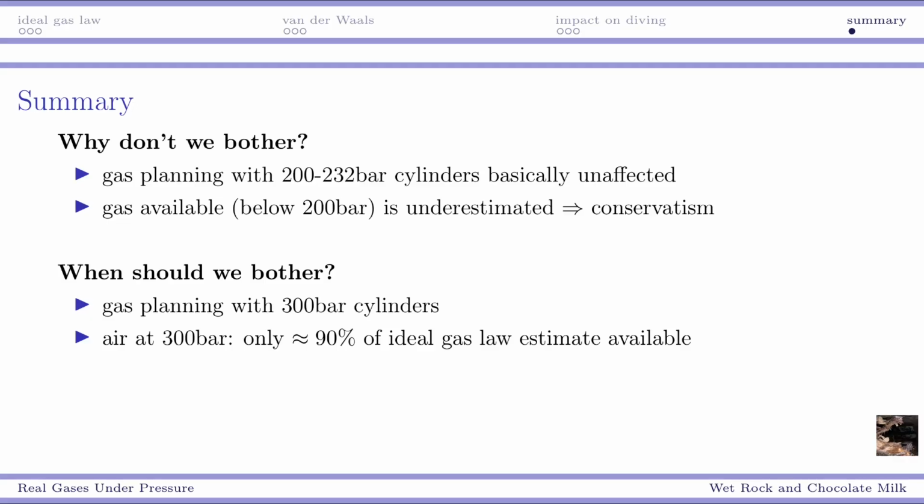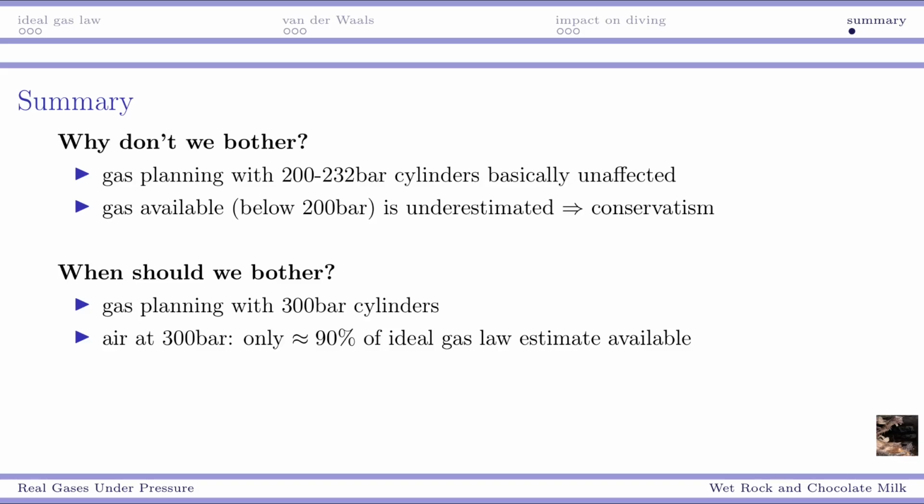Instead, I do my ideal gas law computation and I subtract 10% of whatever my gas prediction is. So I'm actually using the fact that we have a little bit more than 90% of what the ideal gas law prediction is. I go down to 90% to give myself a little bit of additional buffer, and that's how I do my gas planning. But I do take van der Waals into account when I do gas planning at this stage.